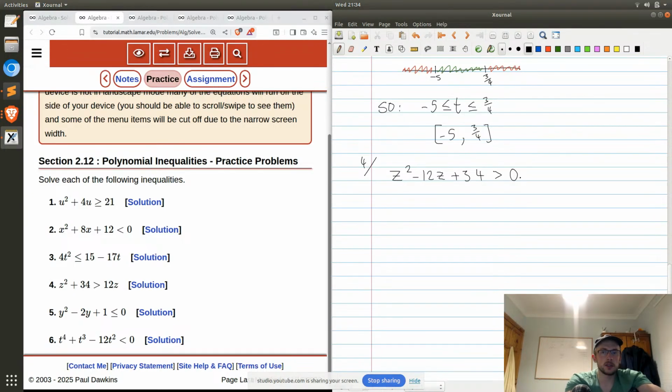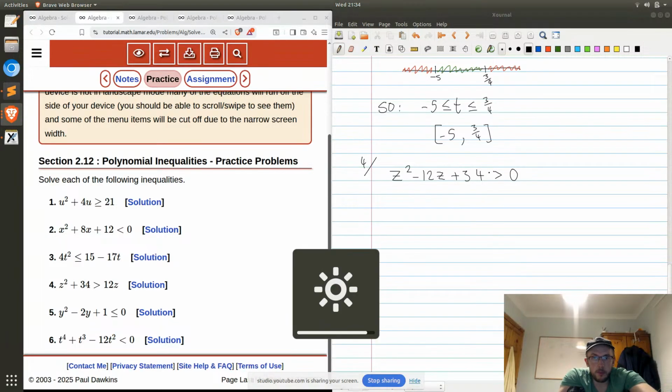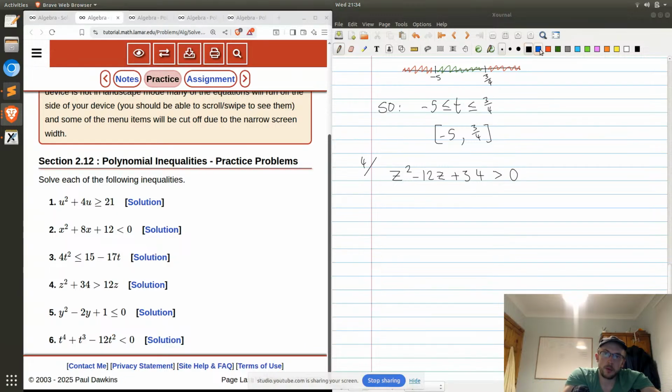And you know what? It is no longer factorizable because I have 34, which is a product of 2 and 17, which you cannot make a 12 from. So you must resort to the formula. The formula, no?